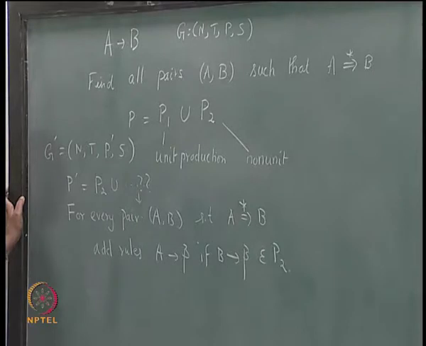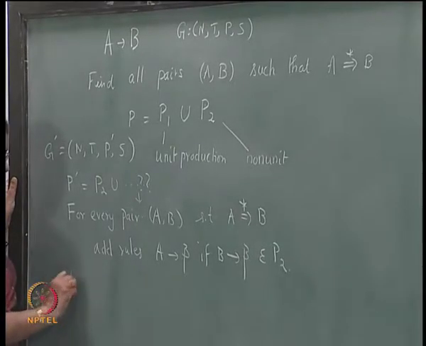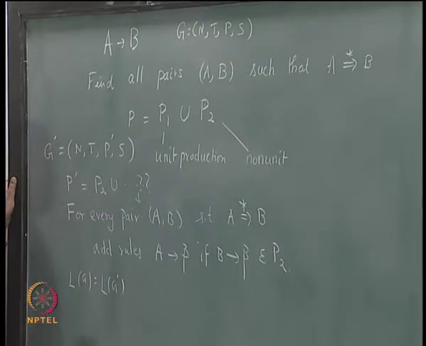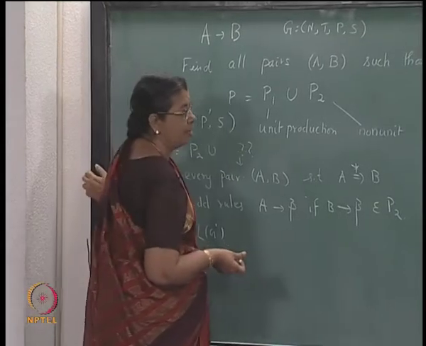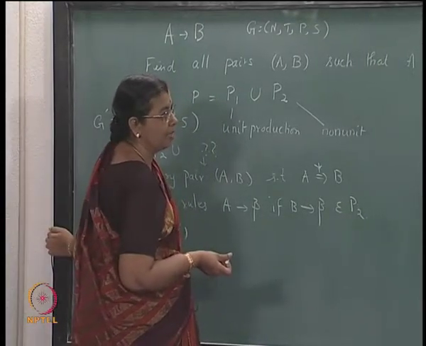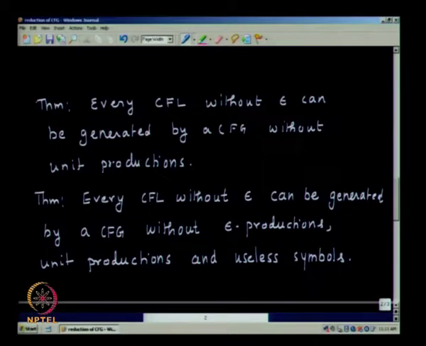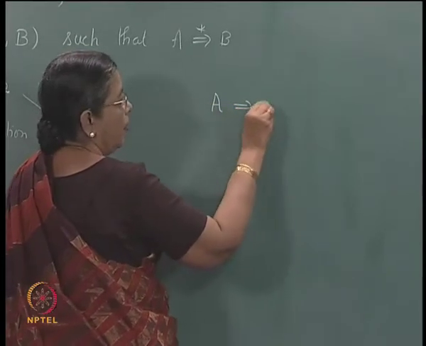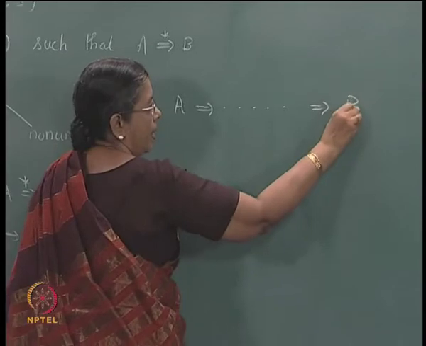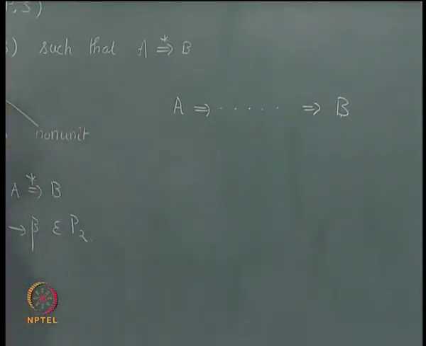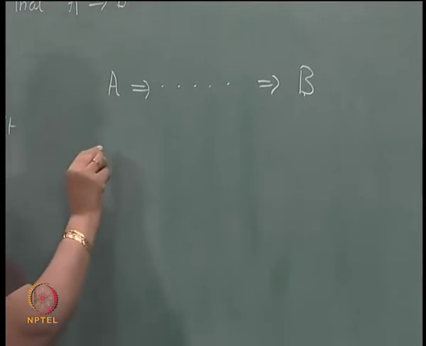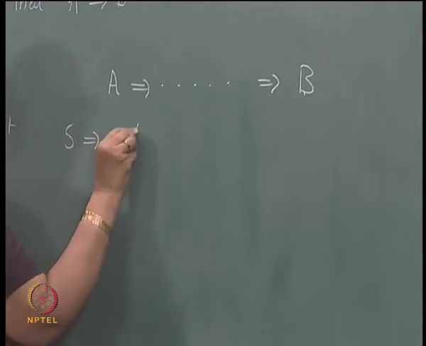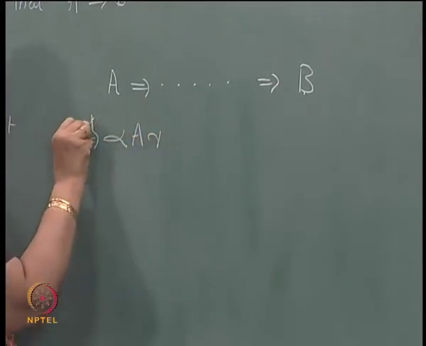Okay. Then you can show that L(G) is equal to L(G dash). Again, a formal proof can be given, induction on the number of steps, but informally you can see it like this. Suppose in a derivation from S you have a sentential form, say alpha A gamma.